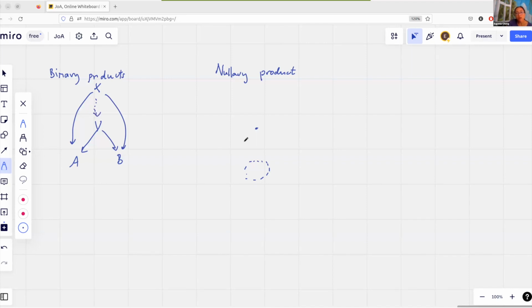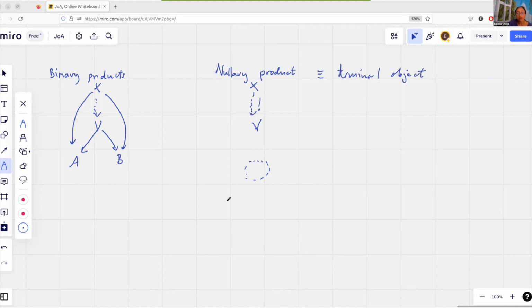So if you're a nullary product, you have a vertex V, and you have a morphism to every object that you're thinking about. And because we're not thinking about any objects, there's just nothing there. Then the universal property says, given any object together with morphisms to all of our objects, and there aren't any objects, so again there's nothing there, you get a unique morphism like that. So this is a terminal object.